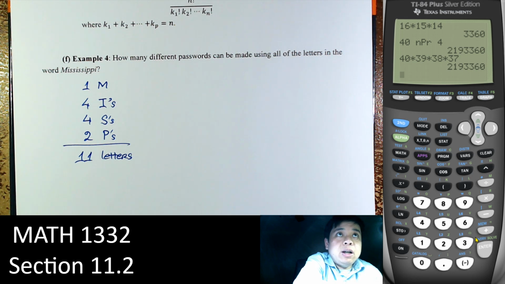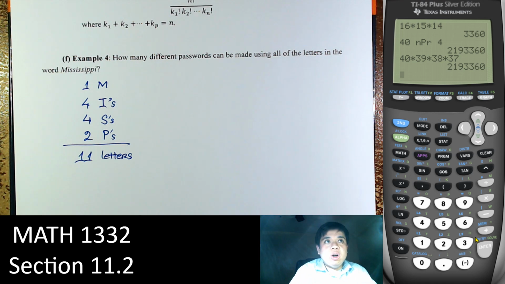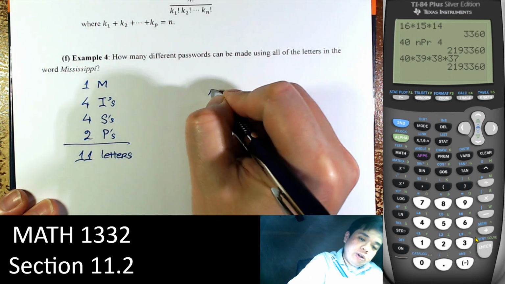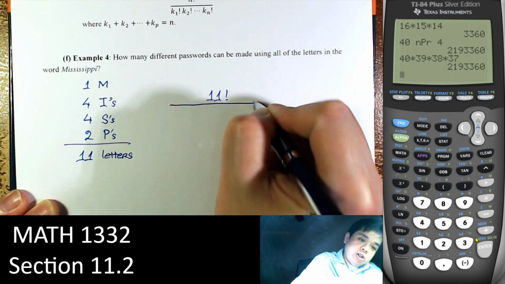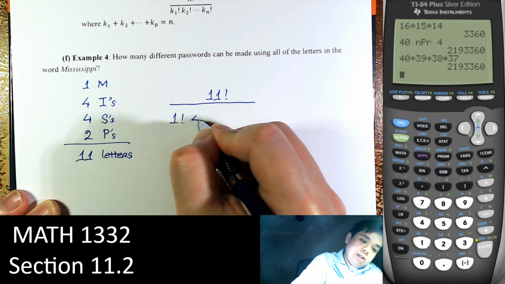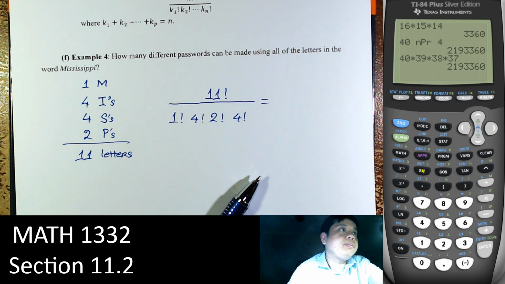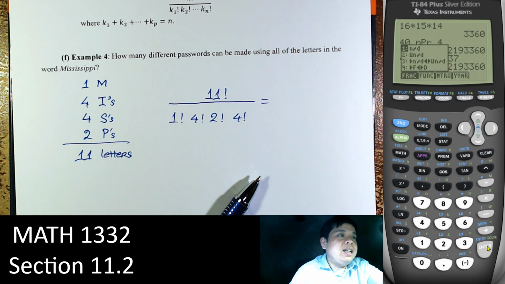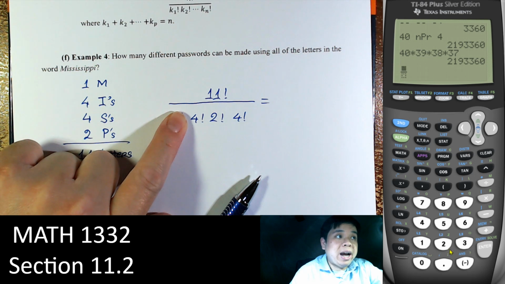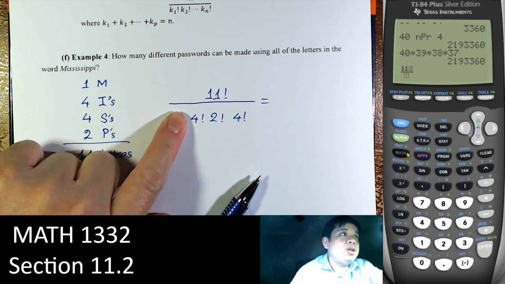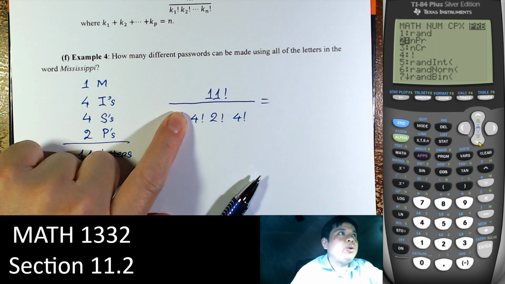Right. Now, how many different passwords can be generated using this? So we just scramble all of this. Remember, all the S's are the same, all the I's are the same. So it's significantly less than 11 factorial. So the rule says we start with n factorial and divide by the factorial of each one of these. I'm just going to enter exactly as I see it, except for the 1 factorial, which is 1, so I don't need to write it.